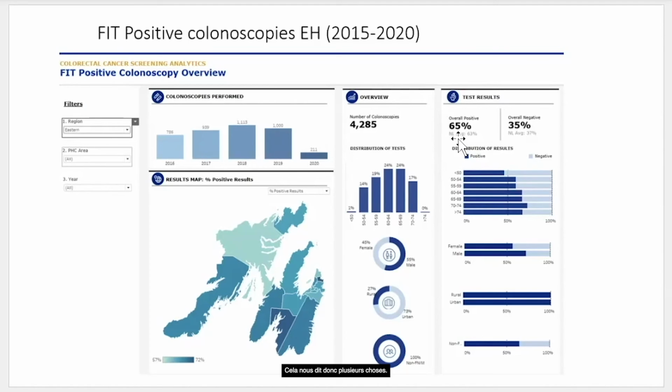That tells us a few things: that we're finding a lot of polyps, a lot of pathology, but it gives us an indication of the quality of the follow-up colonoscopy that is occurring in our province. Again, you can get a breakdown by year on how we've progressed. You see a big drop off in 2020 here, and it's because the timeline takes us up to March of 2020 when the COVID-19 pandemic commenced.